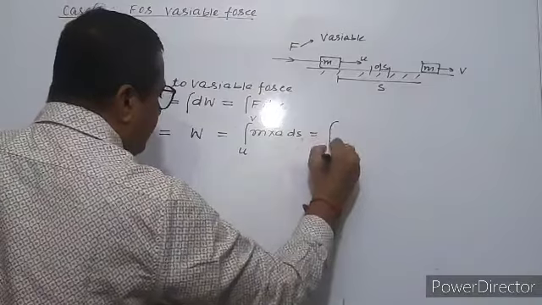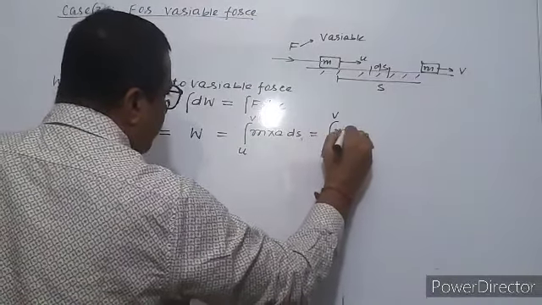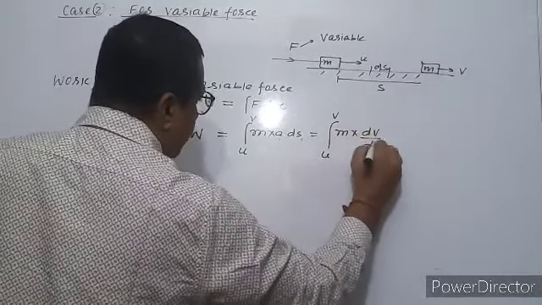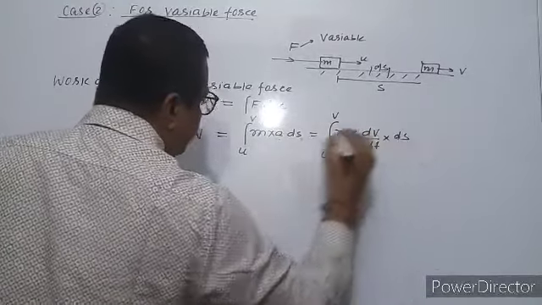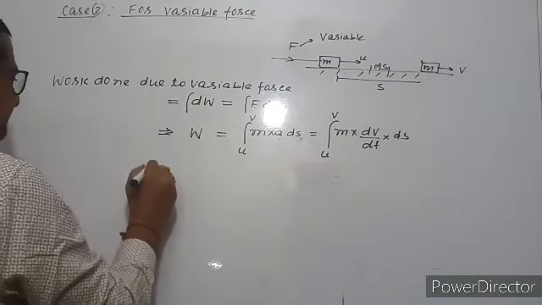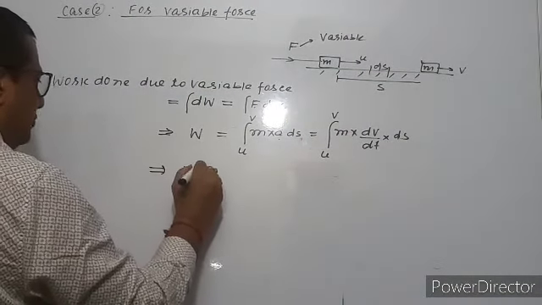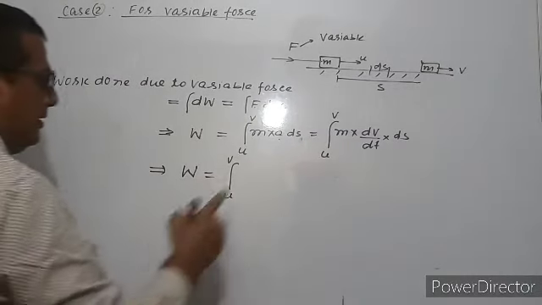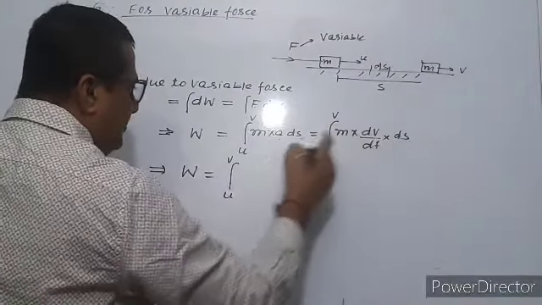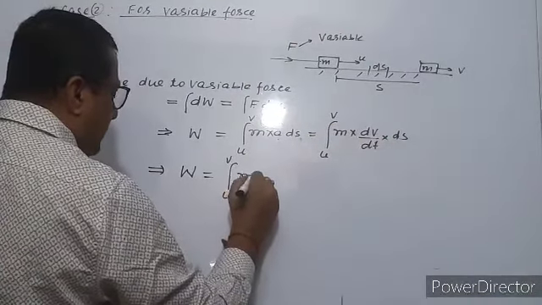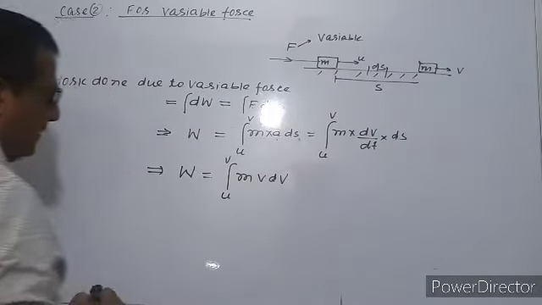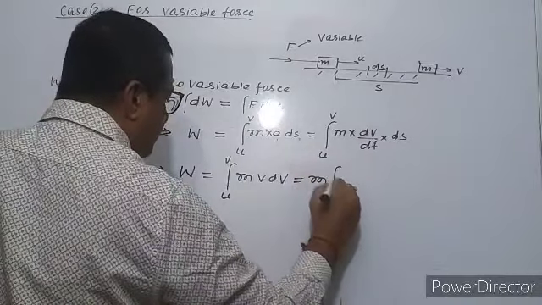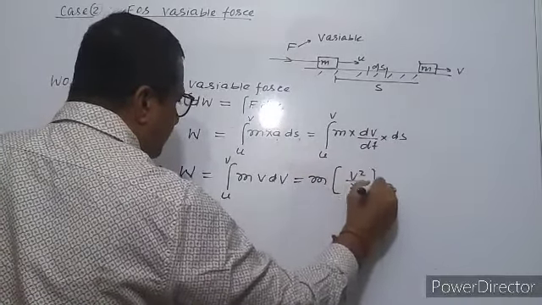In place of acceleration we can write m dv by dt into ds, which implies W is equal to integration from u to v of m ds by dt dv, that is m v dv. m is a constant term, it will come out. This will be equal to v square by 2 from u to v.